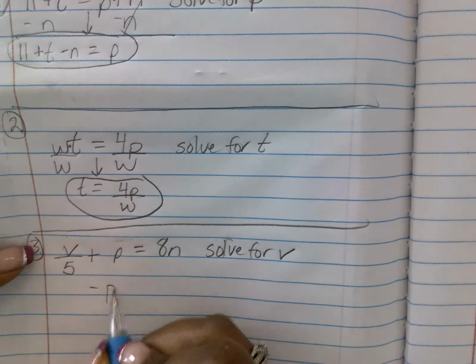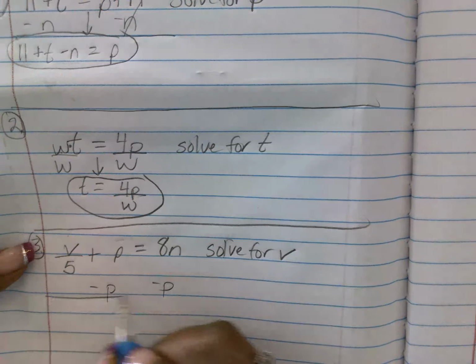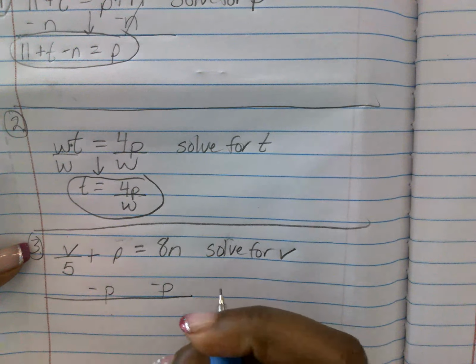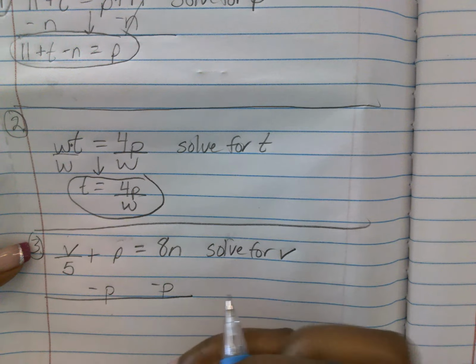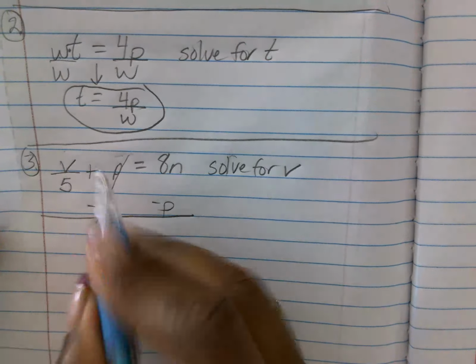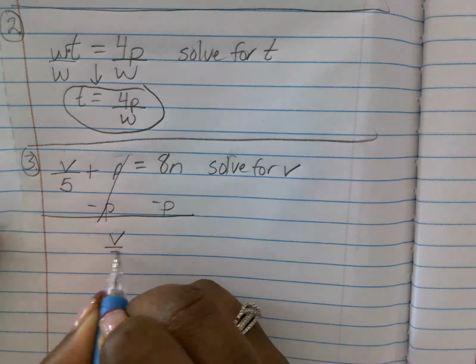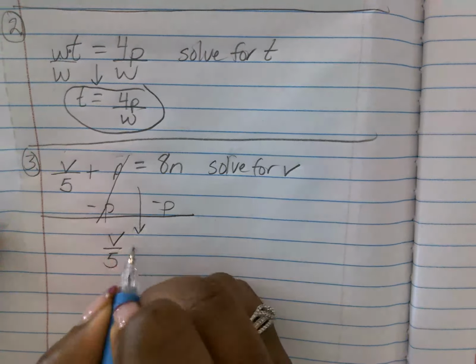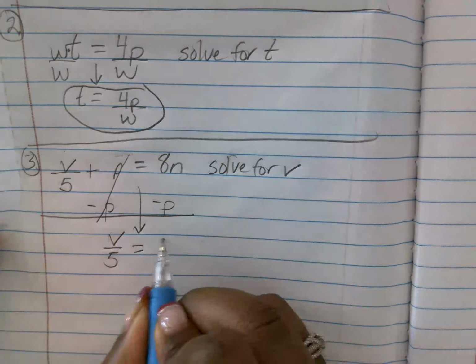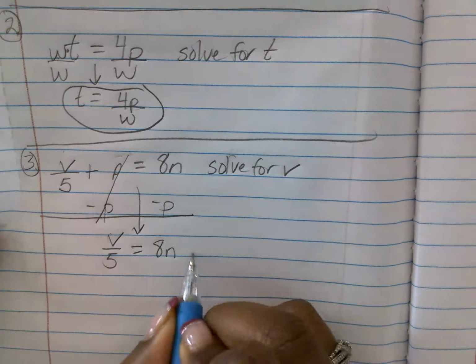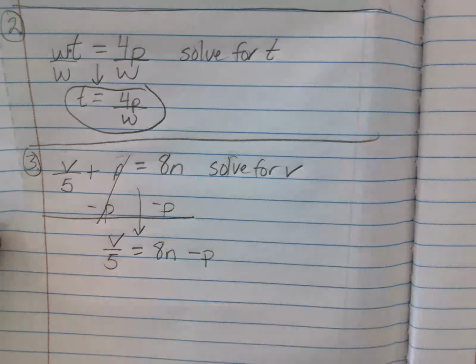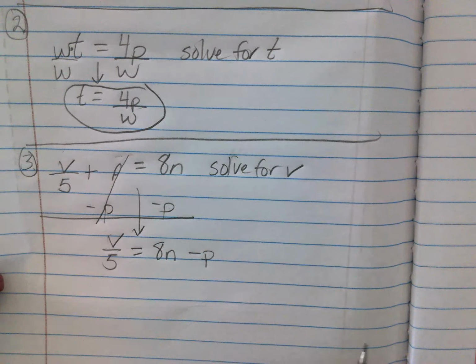You're going to subtract p from both sides. Very good. How many people did that? Okay, good. So now we're going to subtract p from both sides. p is gone here, and we're left with V divided by 5, right? V over 5. And on this side, we have the 8n minus p. Okay, so now what are we going to do?